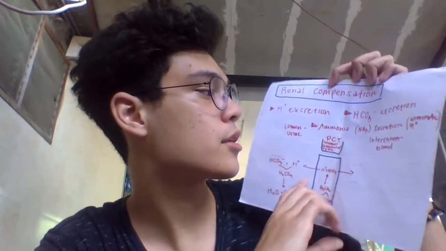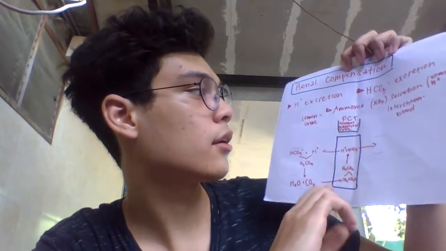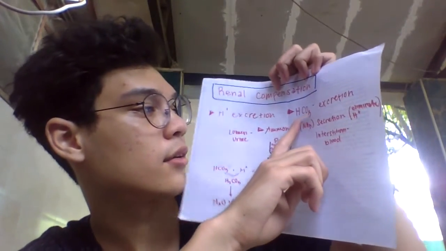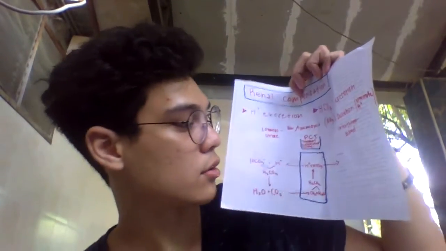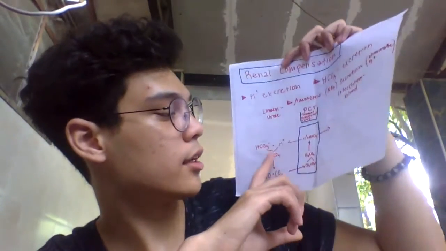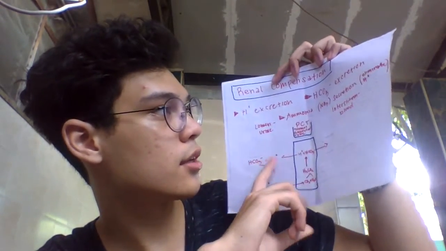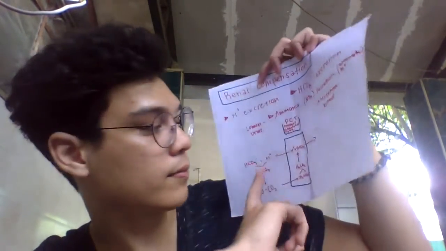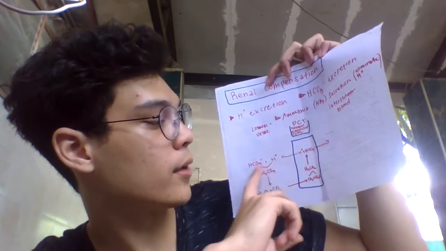So next is the renal compensation. What happens here is there is an H plus excretion and HCO3 excretion. The body naturally excretes the HCO3. So it's in here, the lumen.